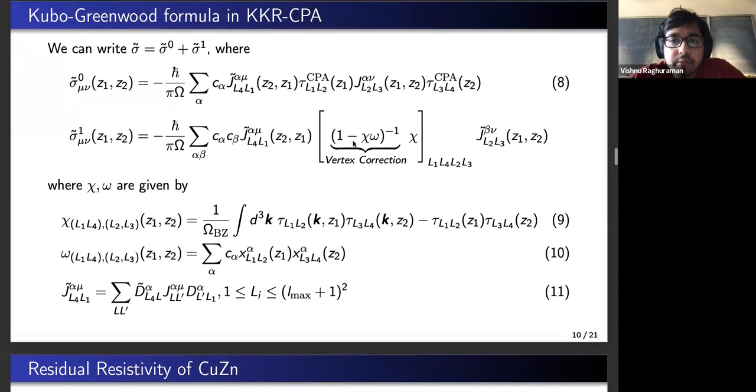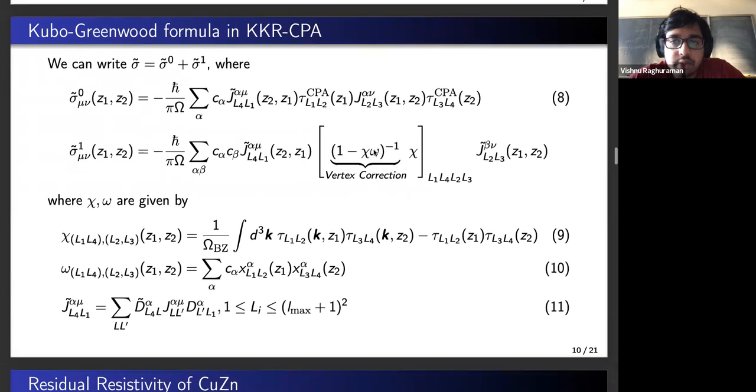Also, I think maybe for the vertex corrections, it should also be helpful. You have this omega matrix here, which is the average of these two X matrices in CPA. So we can mathematically see it as the average.